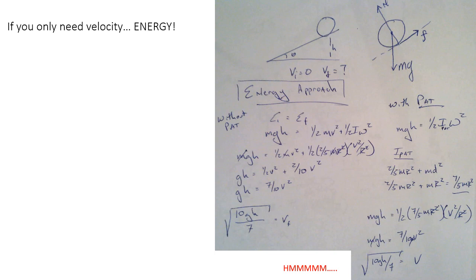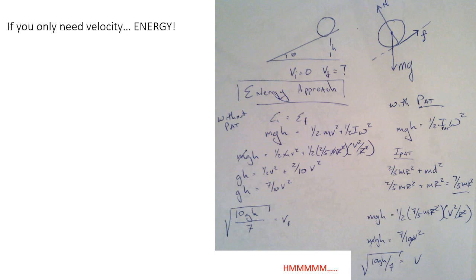At the top of the ramp, mgh is the gravitational potential that we have. But at the bottom, some of that energy is going to be translational and some rotational, all of it kinetic. So mgh is equal to 1/2 mv squared plus 1/2 I omega squared.